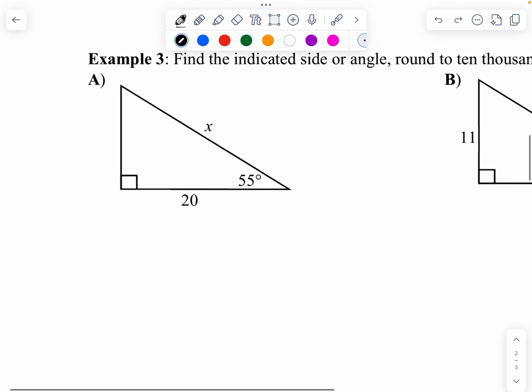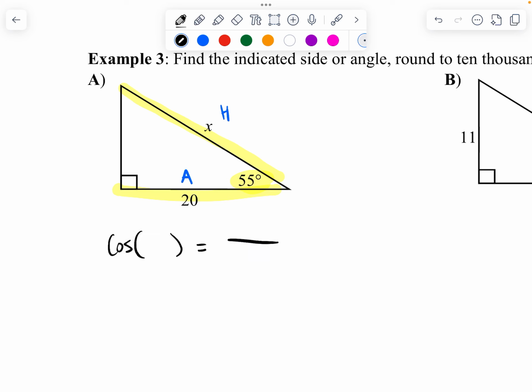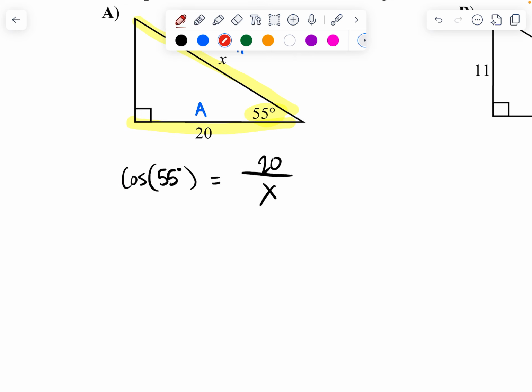All right, so example 3, find the indicated side or angle. So here's our angle, side, side. We have the adjacent side and the hypotenuse, which will be cosine. So cosine of an angle equals a ratio. Our angle is 55. Our adjacent, 20, hypotenuse, x. And then it's just a matter of solving, right? We undo division with multiplication, right?